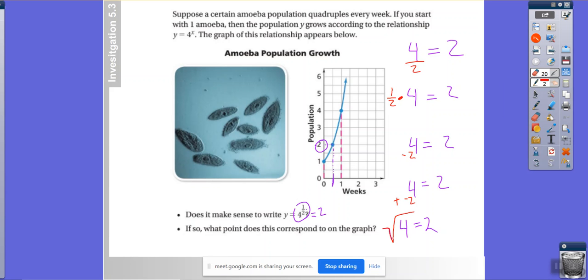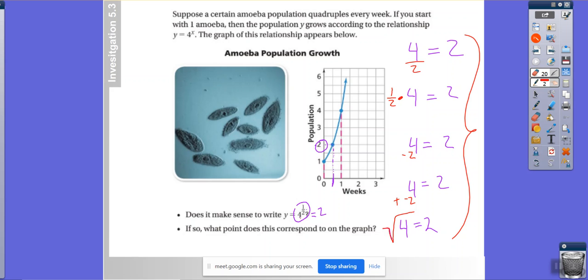Yeah. Okay. So when we're taking a base to a fractional exponent, in this case 1/2, we are doing one of these things to get to 2. Any guesses which one we're going to be doing? Owen? Square root.